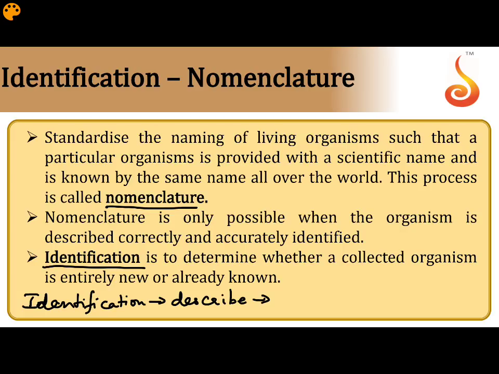After that, we need to classify them. Once we classify, we are going to name it or give the nomenclature of it. So, these are the steps for any kind of identification to nomenclature. So, first we identify, describe, classify, and then finally name it.